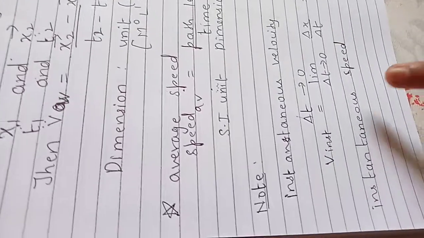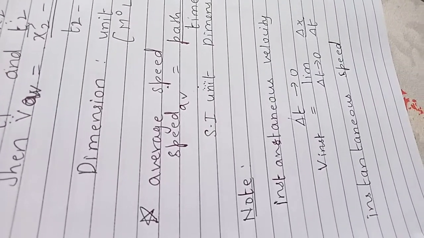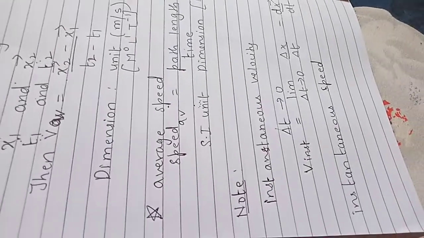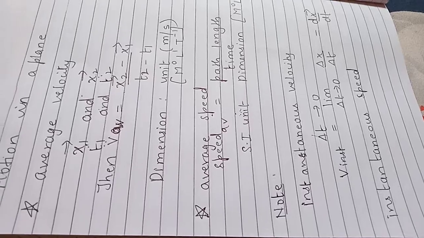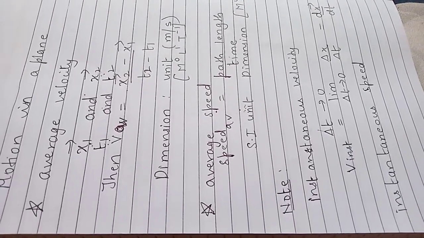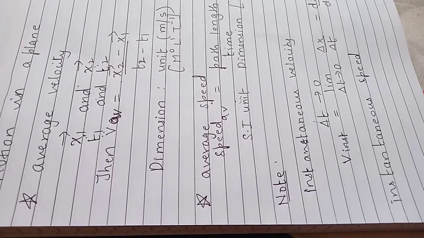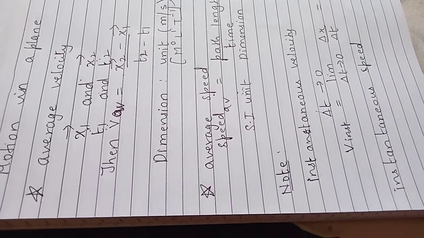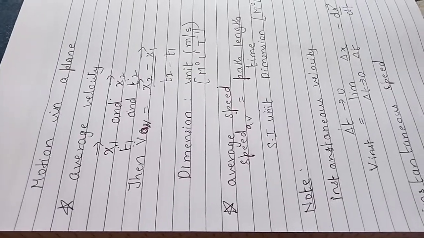Just remember one thing: when the time interval is equal to 0, the distance also will be very small. Speed at the 11th second, speed at the 25th second, is difficult to find out, because the time interval is very small. So instantaneous speed and instantaneous velocity are the speed and the velocity at that typical instant of time, which are both very small quantities and they are the same. Are you okay with what I am saying?